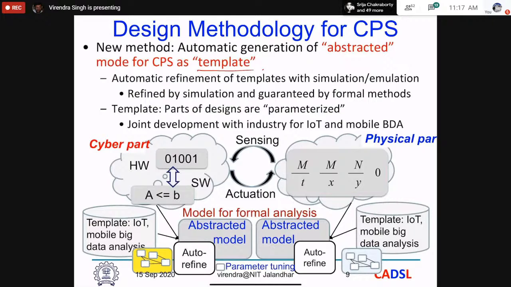That template is formally verified by the formal techniques. Formal techniques, maybe I don't know whether you have gone through these techniques during this course. Some of these things I will discuss as I go along, like equivalence checking, model checking, or property checking, or the theorem proving.